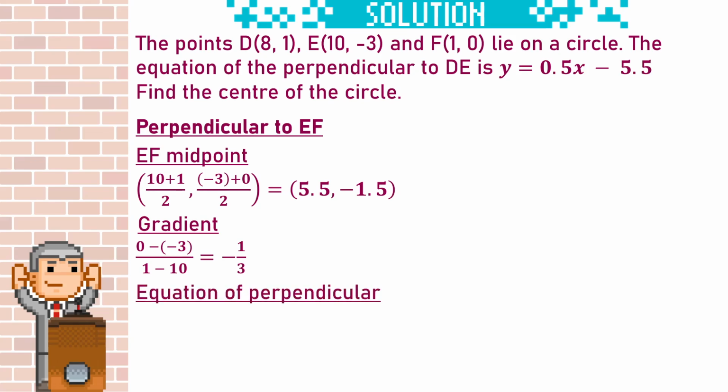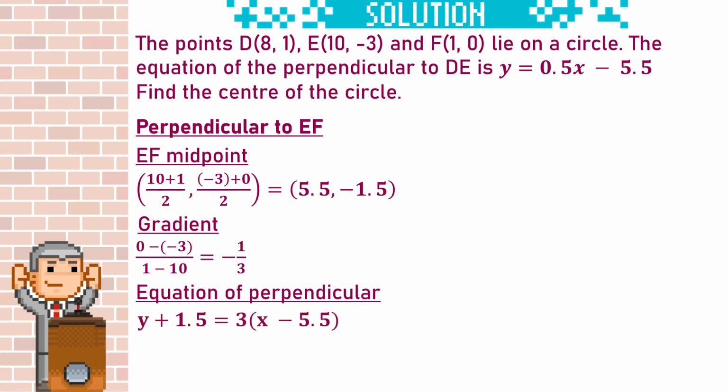So the equation of the perpendicular bisector to that line will be, with the midpoints, we can substitute into the equation form, but we need to find the gradient. Now the gradient of a perpendicular will be found by changing the sign, so minus a third will turn into a positive third, and finding the reciprocal, so a third will turn into 3.